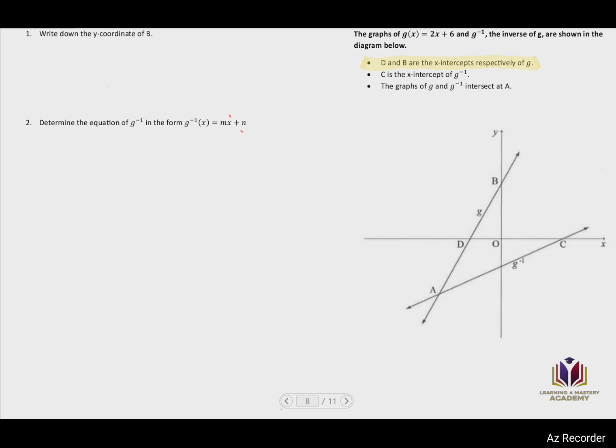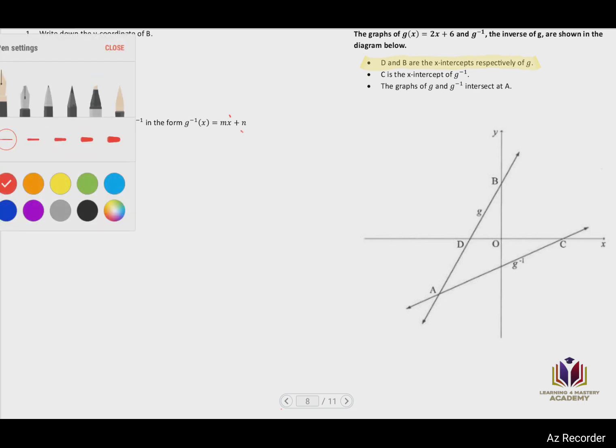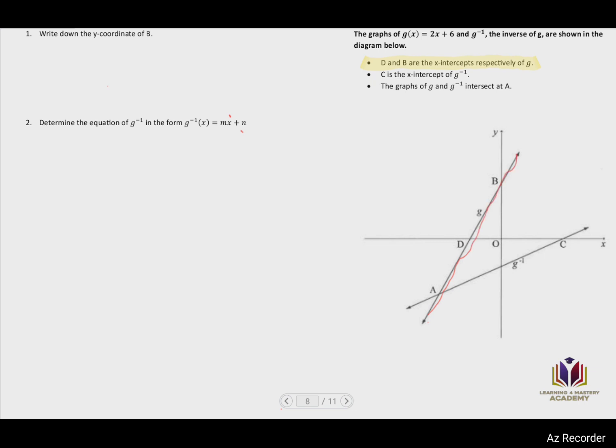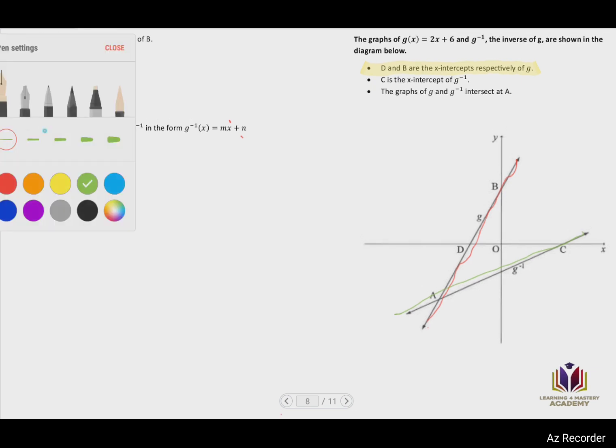The graphs of g of x, where's g of x? Let's start to do our analysis. There's g of x over there, and its inverse is going to be this one here. These graphs are drawn below, and D and B are the x and the y-intercepts.